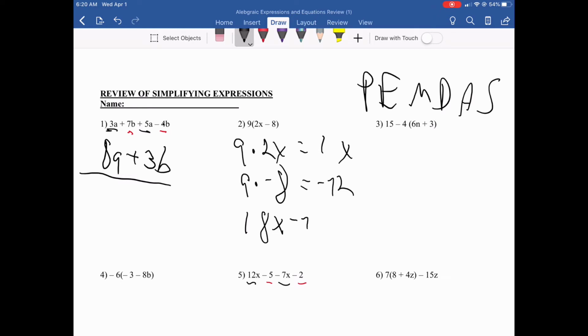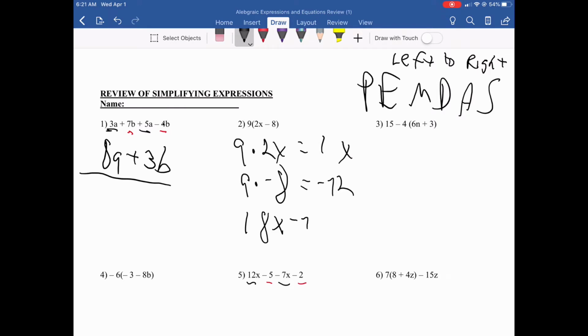And this goes from left to right. All right, so order of operations, parentheses first. So we have 15.